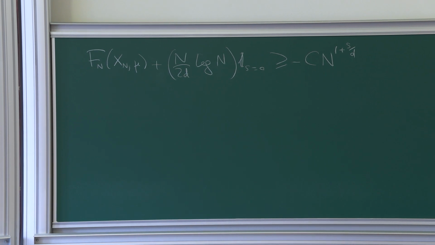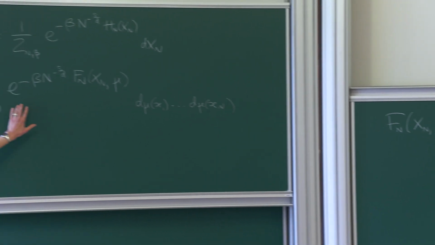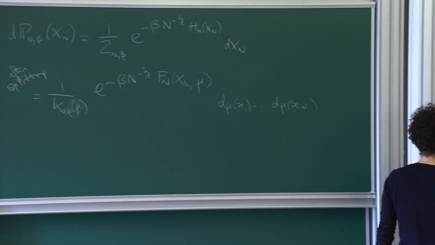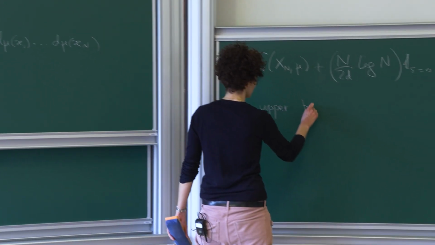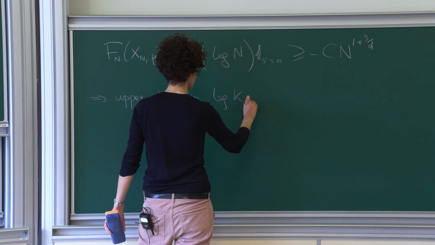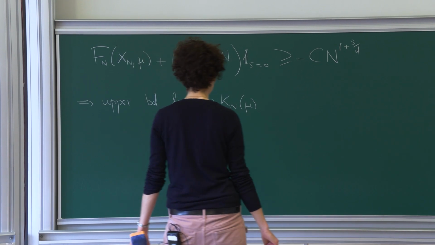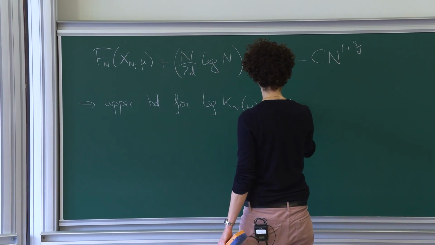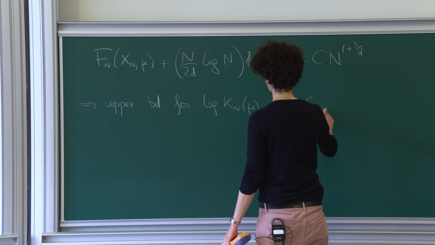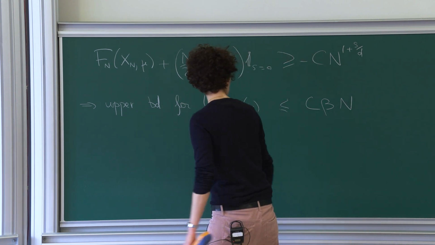So, for instance, I can plug this thing inside the definition of the partition function, and it gives me an upper bound for log K_n of mu, which is actually going to be C beta n, essentially.